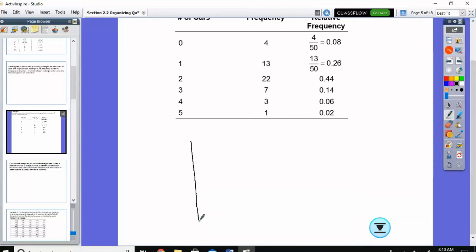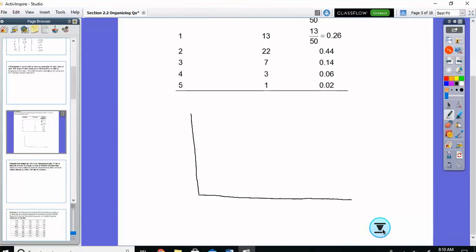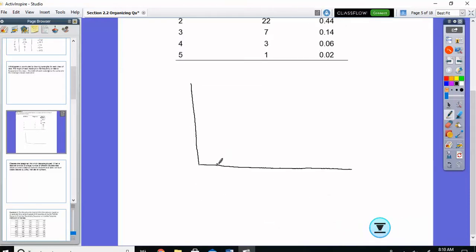So we have our x and y axis here. What we're going to do, I am going to go ahead and put a tick mark for the 0 cars, and I'll show you why in a second. So this is going to be my 0, 1, 2.